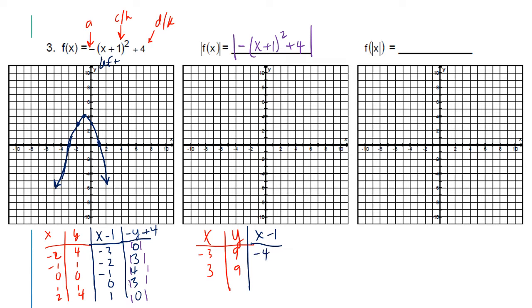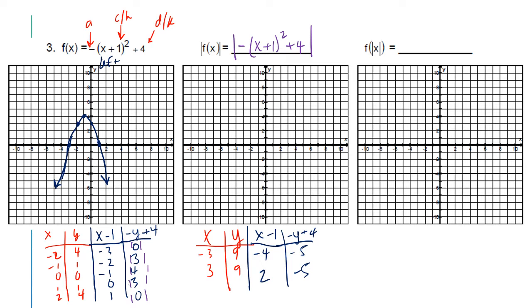And then we have 3 minus 1, which would be 2. My new y's would be -y plus 4, so -9 plus 4 is going to give me -5. And same thing here, -5. So instead of being at -5, they're going to now be at +5.